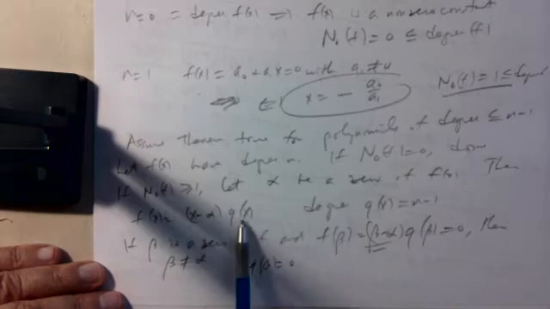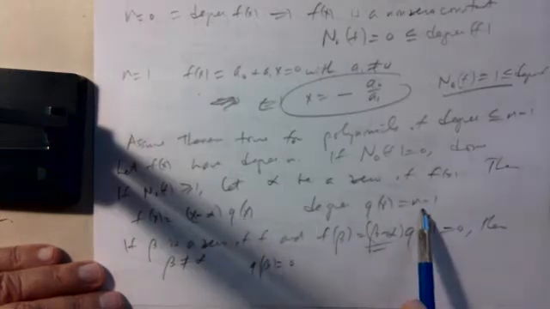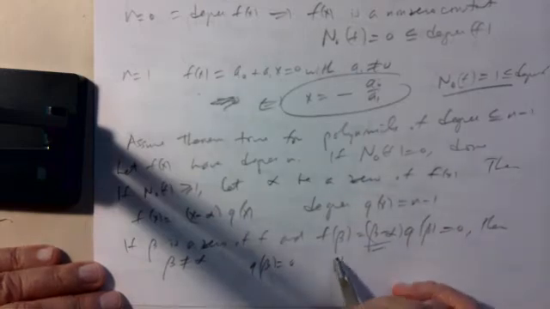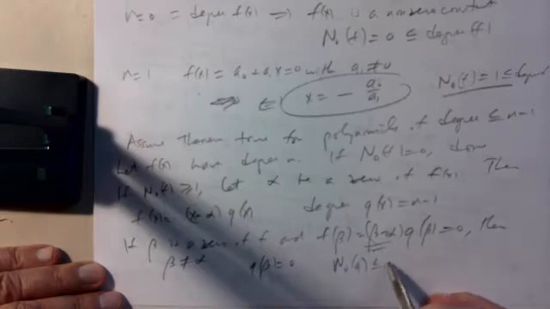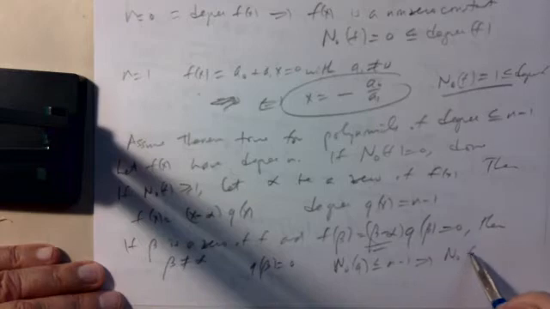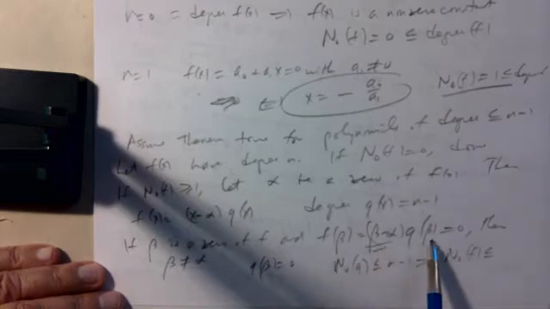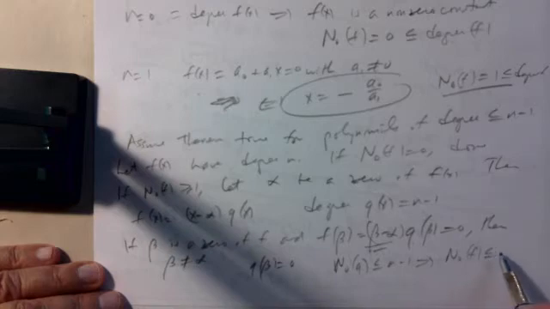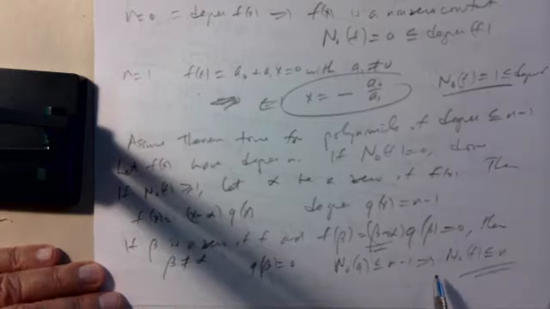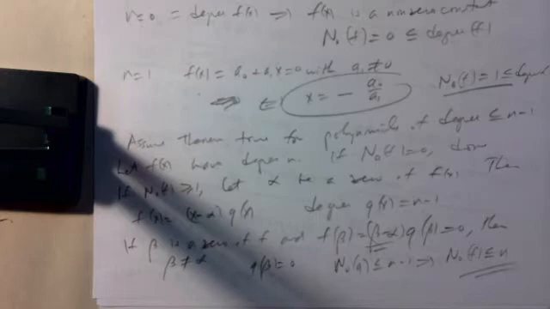So the only zeros of f other than alpha have to be zeros of q. Q has degree n minus 1. By the induction hypothesis, n0 of q is at most n minus 1. So the zeros of f are alpha plus the zeros of q, at most n. So that is a very nice proof.